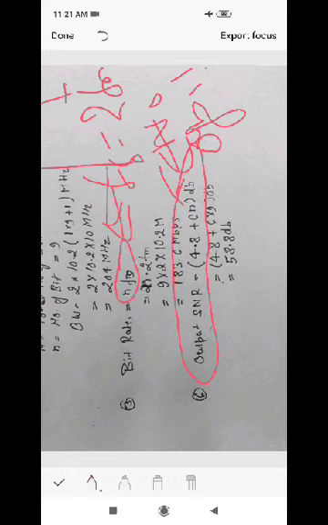Now we put the value: 4.8 plus 6 into n, and we have already calculated n as 9, so 6 into 9 is 54. Now by adding 4.8 and 54, the total SNR is 58.8 dB.